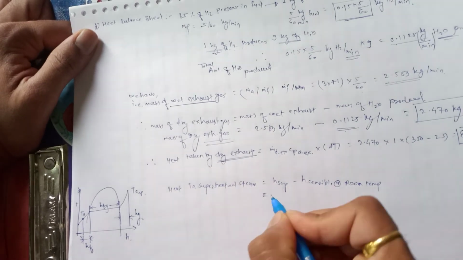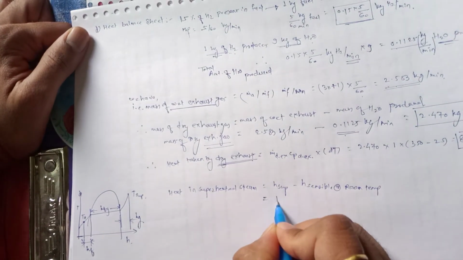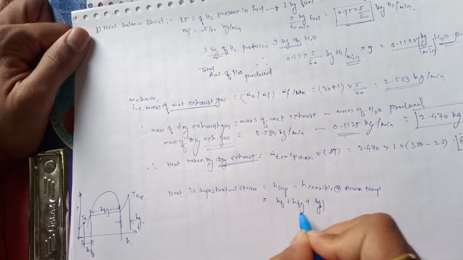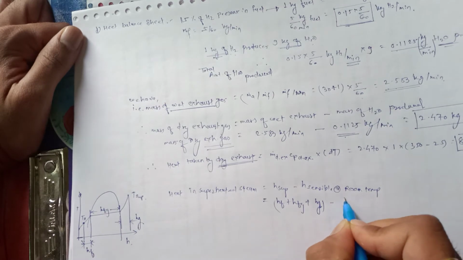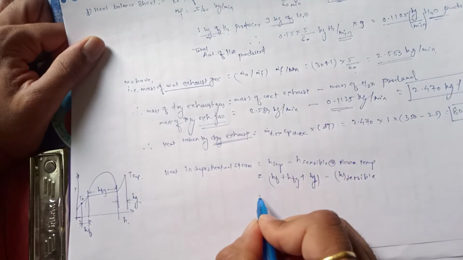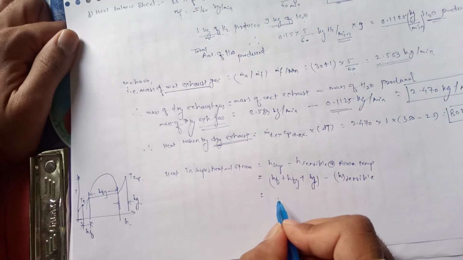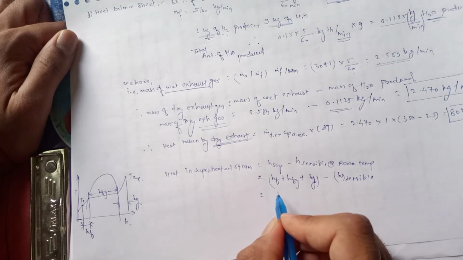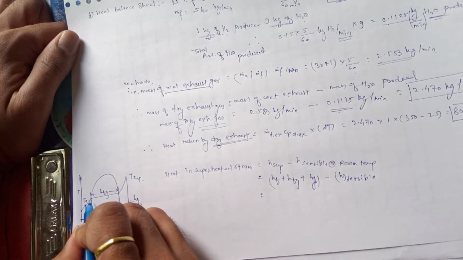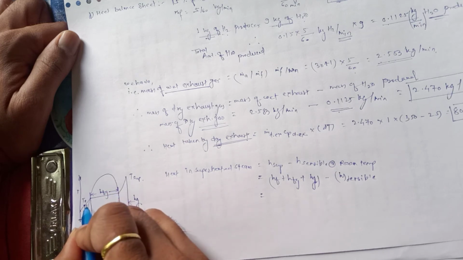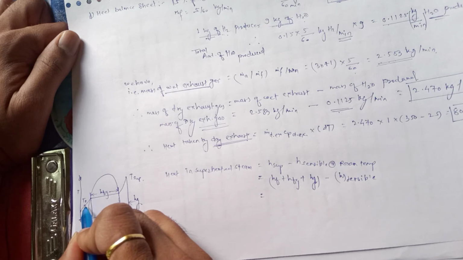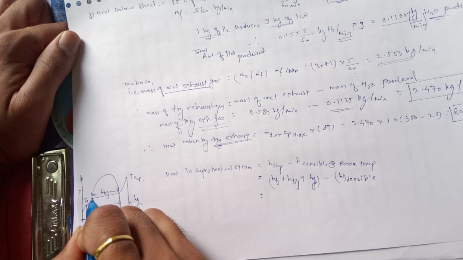So the enthalpy of superheated steam is Hf plus Hfg plus Hg minus this H sensible. Finding this, we know that Hf is the heat at ambient or room temperature, the sensible heat for heating this water from room temperature to 100 degrees Celsius.